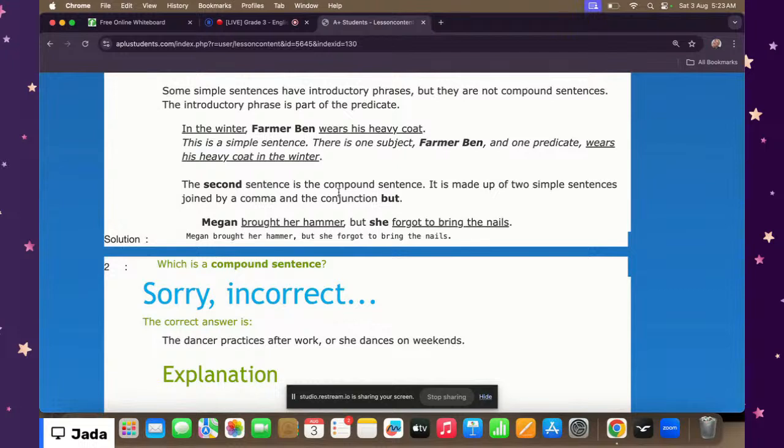Now, the next one is: the dancer practices after work, or she dances on weekends. This is a compound sentence because you can see the conjunction and the comma.